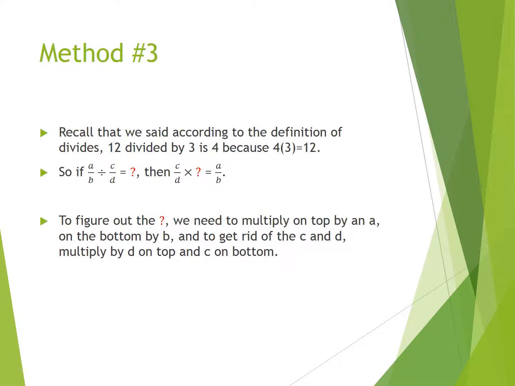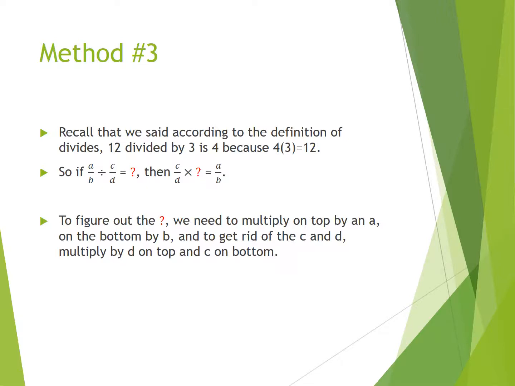I'd better multiply on the bottom by b because I want a b in my final answer. c/d times something is a/b. I've got to get rid of the c. That means I'd put a c on the bottom to cancel it out or simplify out. And I need a d on the top, so I'll have a d over d, which by the fundamental law of fractions is really just not contributing anything.